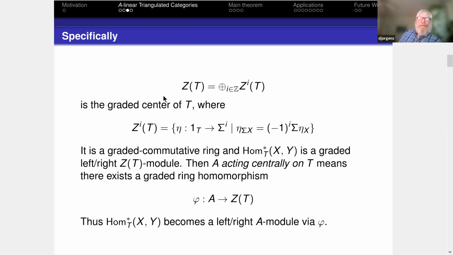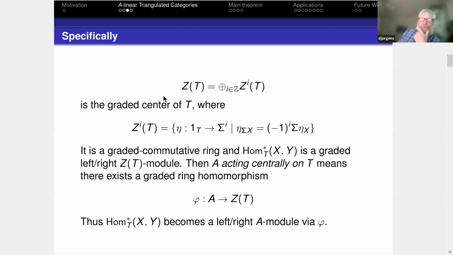So what that actually means is, if you consider the graded center of the triangulated category, that's what I'm denoting by Z of T. This is just the direct sum of all the degree i pieces of the center. What is the degree i piece?